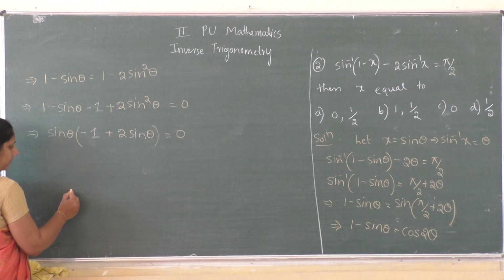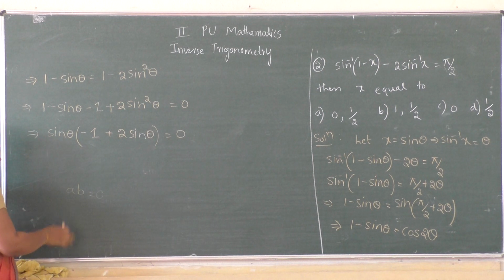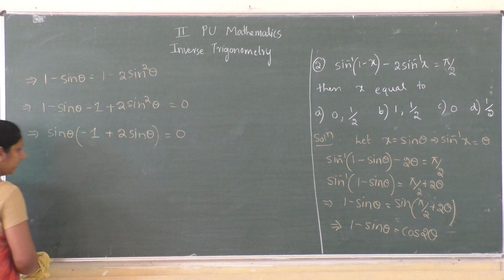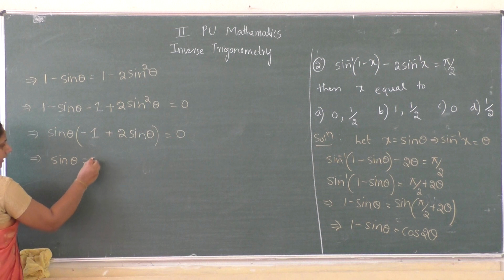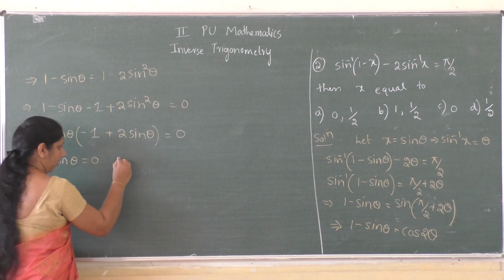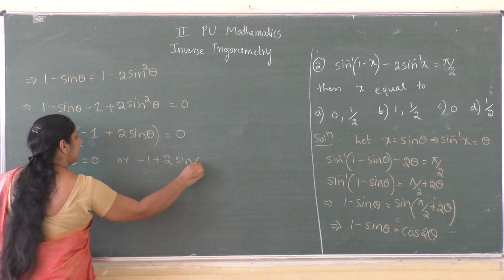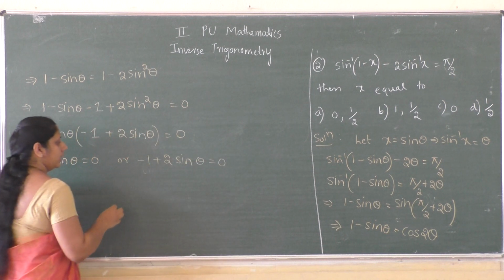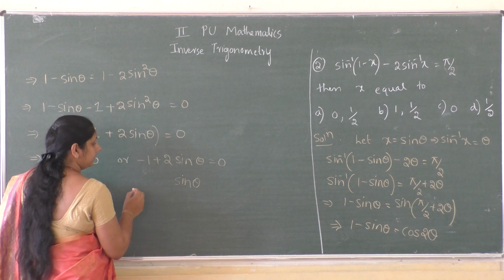See, this is of the form a into b equal to 0. Then either a equal to 0 or b equal to 0. From this, either sine theta equal to 0 or minus 1 plus 2 sine theta will be equal to 0. From this, what is sine theta?